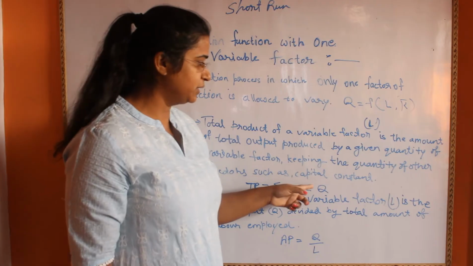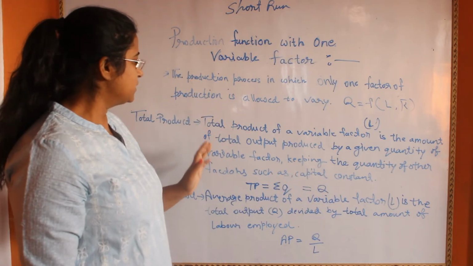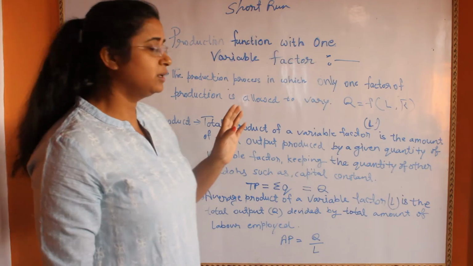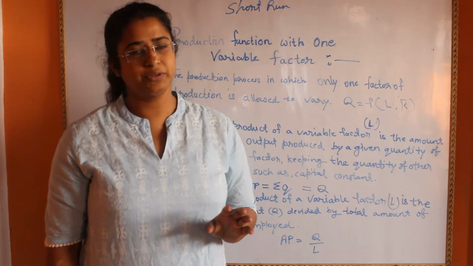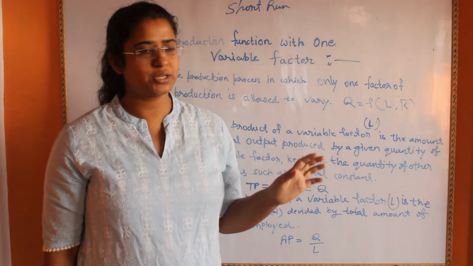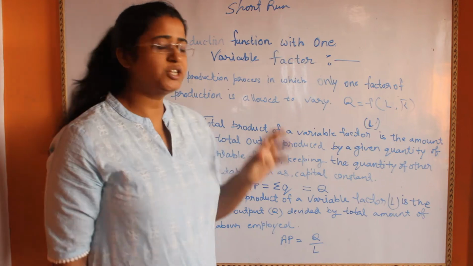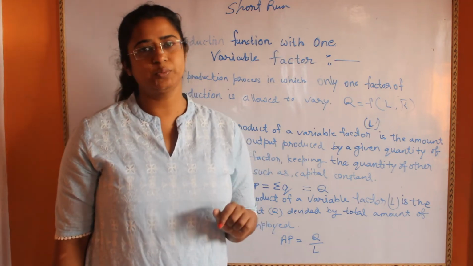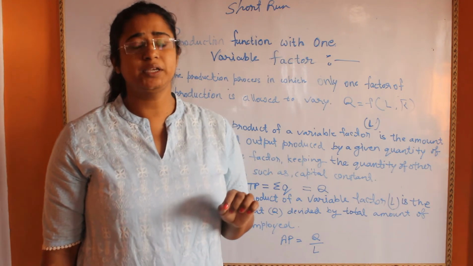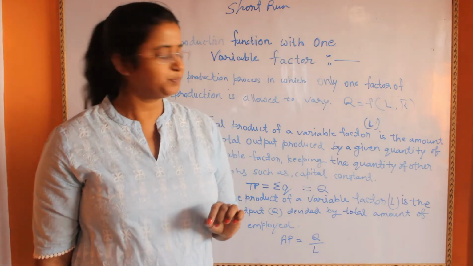such as capital constant. So, in this analysis, only the labor is allowed to be variable and all the other factors of production are kept constant, and this is the summation of all the outputs produced by the variable factor of production.